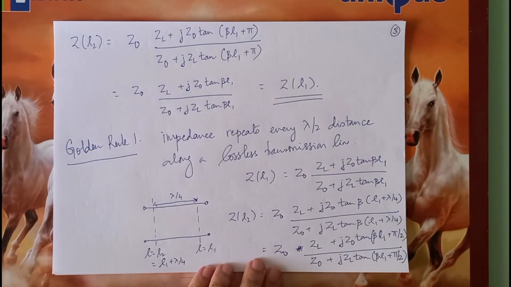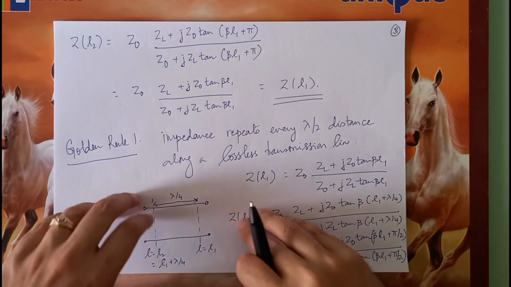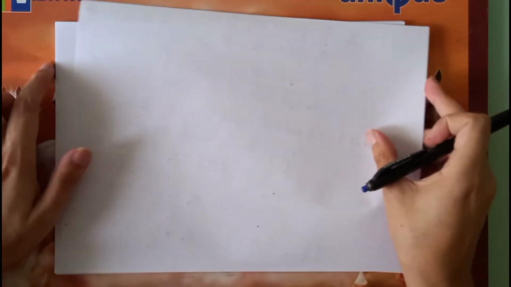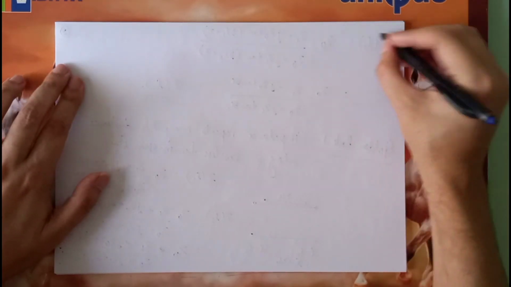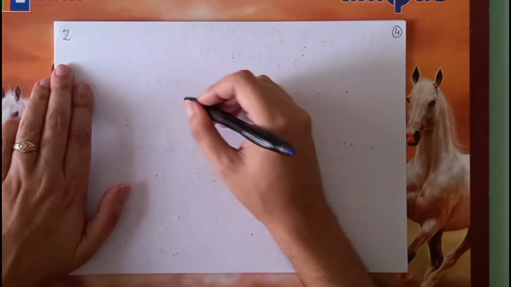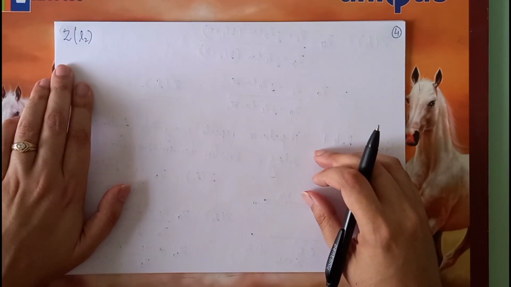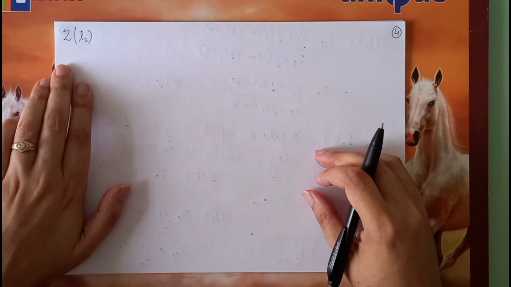So you can use your trigonometric identities and effectively show that, because of this pi by 2 plus theta, you're going to have a very interesting result, and that is, you will see that Z of L2 is this.